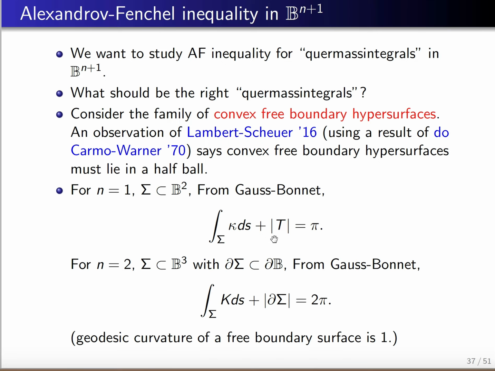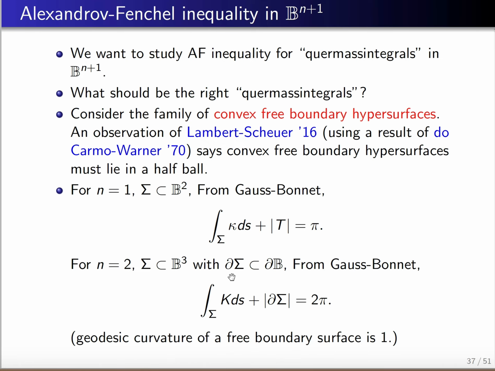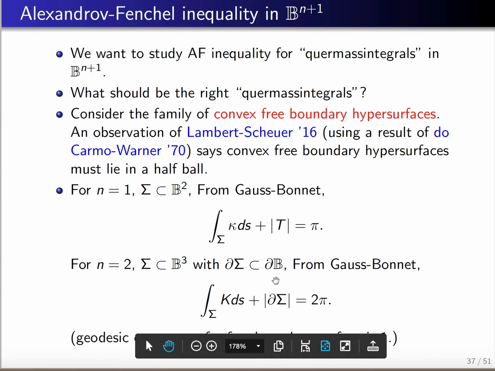So then here you just plus the length of t, and these two you get pi. Okay, and in three balls, you have a two-dimensional surface sigma, and you have the boundary of sigma lying on the two sphere.